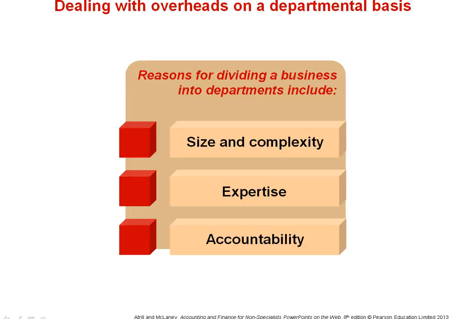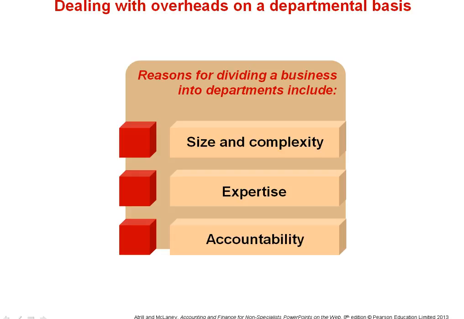Well, that could be on the basis of area. How much electricity should the finishing department be allocated, or heating and lighting, shall we say? Again, I suppose we could look at area there. Canteen costs, how should they be allocated? Well, maybe on the basis of the number of employees each department has.